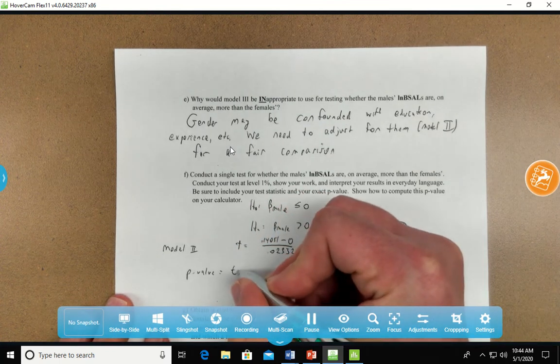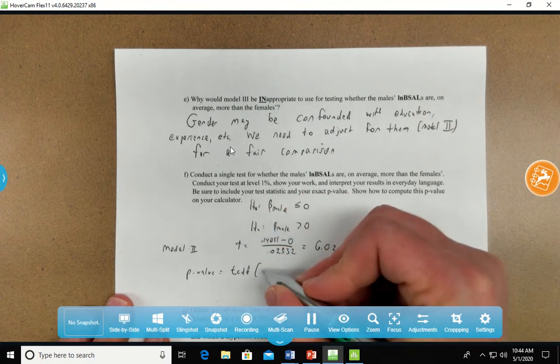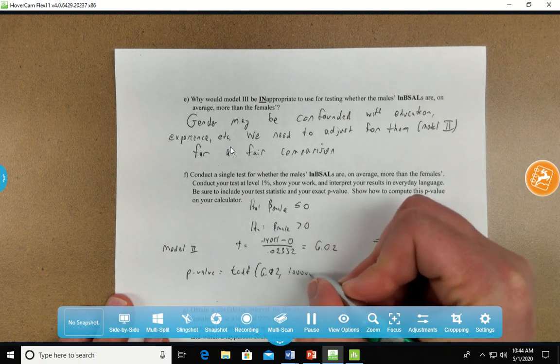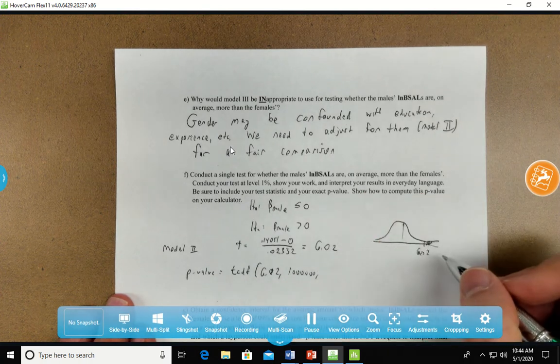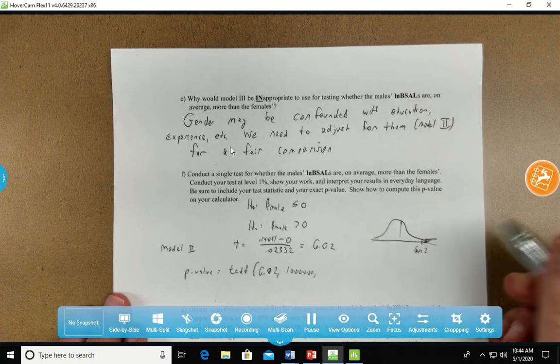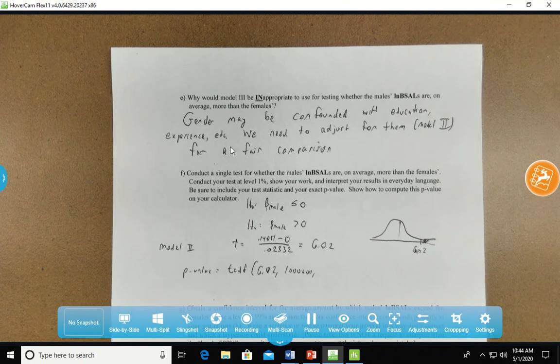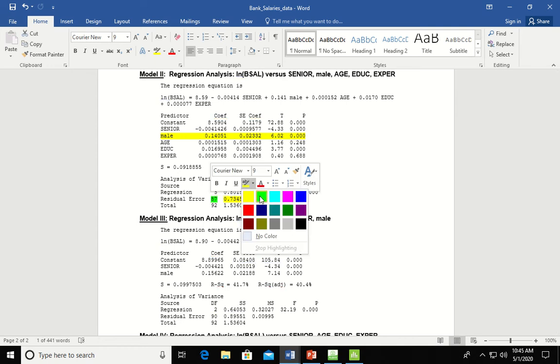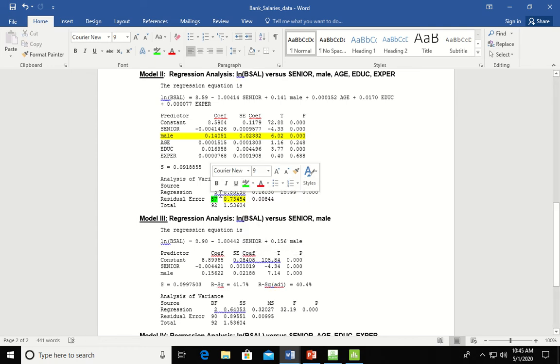This is going to be the t-CDF going from 6.02 to a very, very large number. You can just put in a very large number. And now we have to figure out the degrees of freedom. If you remind yourself what the degrees of freedom are, you're looking at this statistic, and so you go down here for the residual error, and that will give you your degrees of freedom.